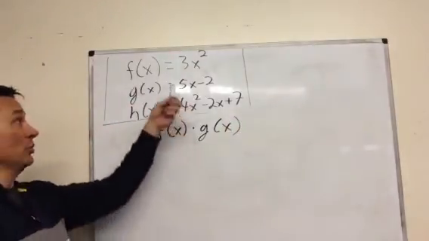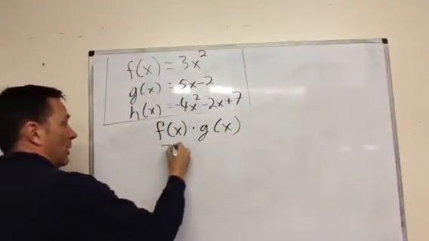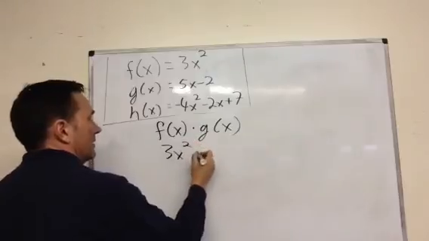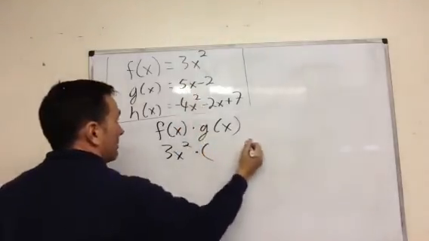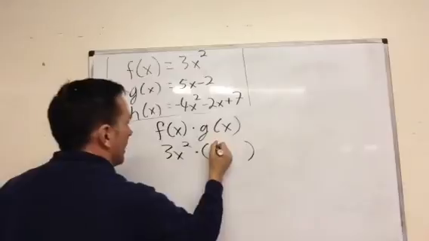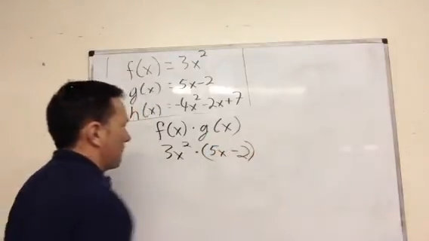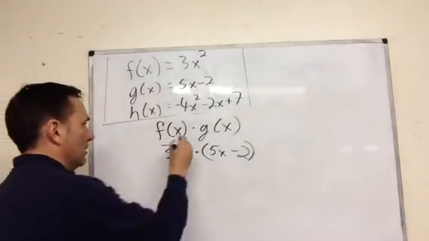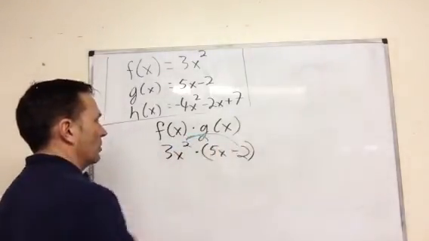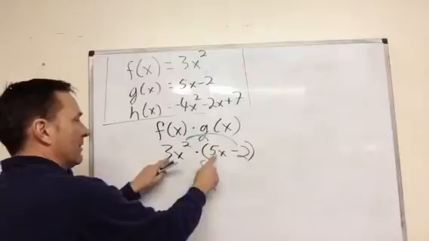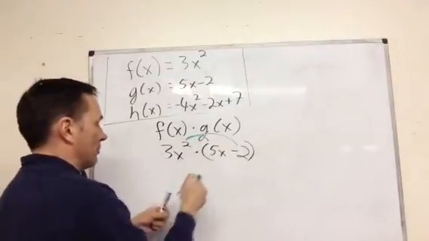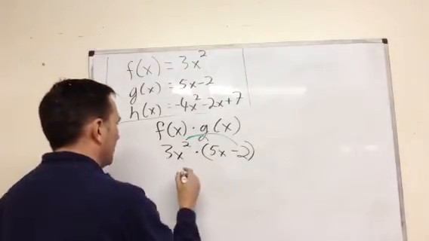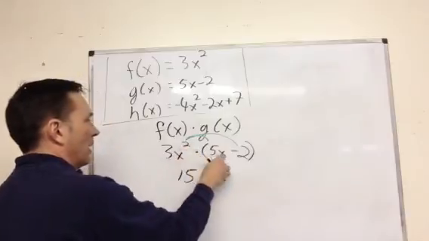We substitute our f of x, which is 3x squared, times, again, everything in parentheses here, 5x minus 2. We need to distribute this part to both of those. Multiply the coefficients, 3 times 5. That is 15.